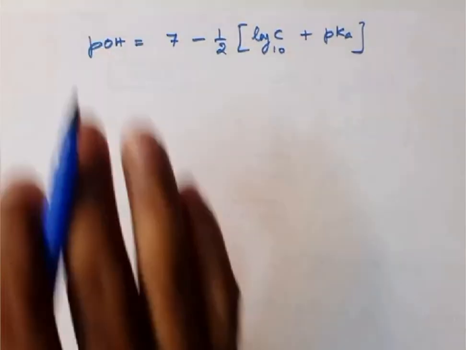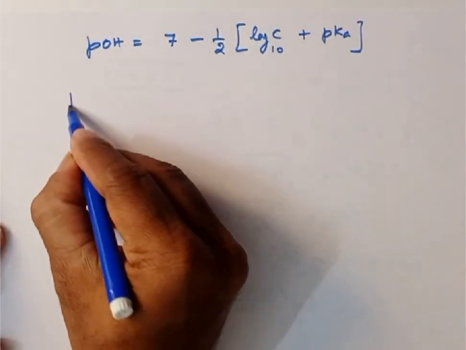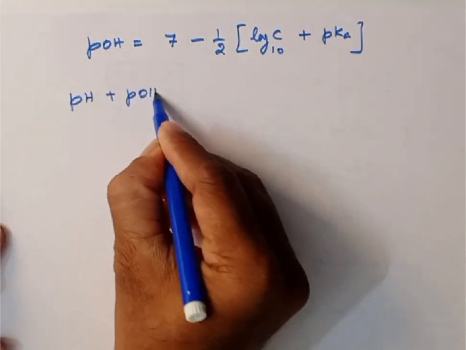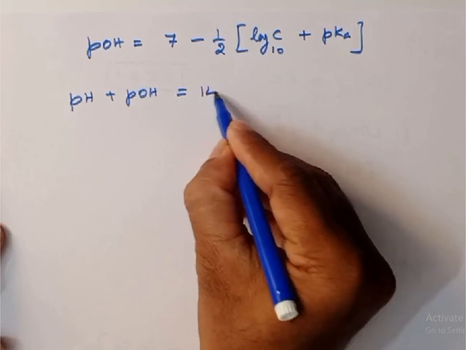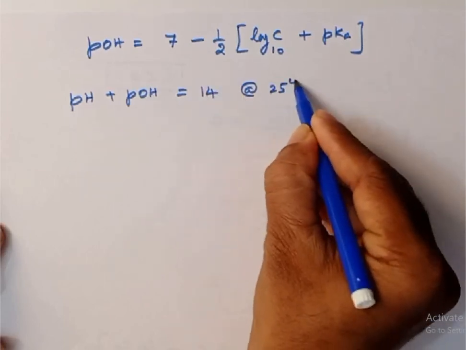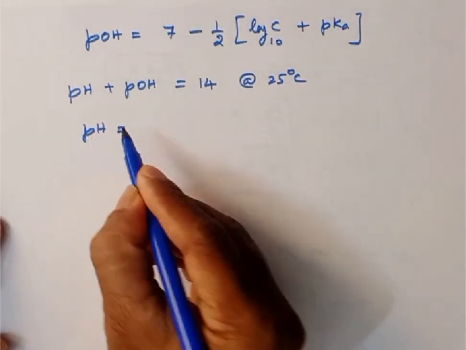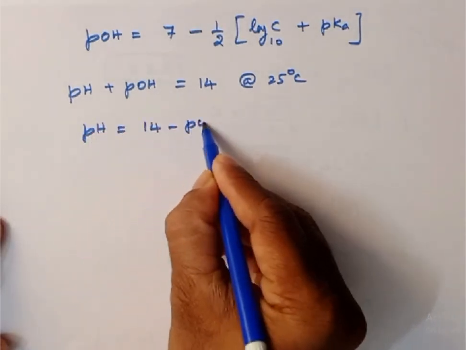So what I will get is 7 minus 1 by 2 into log C base 10 plus pKa. This is pOH. What we want is pH. You know very well, pH plus pOH equal to 14 at 25 degrees Celsius. Therefore, pH is equal to 14 minus pOH.